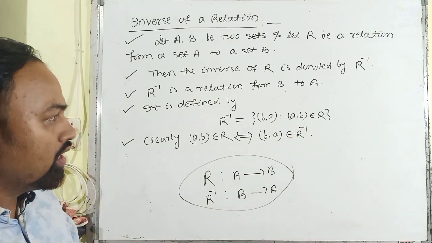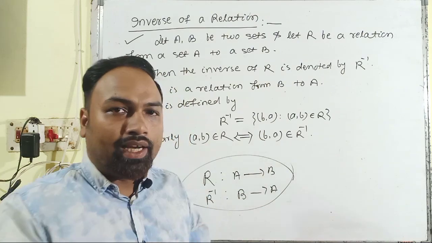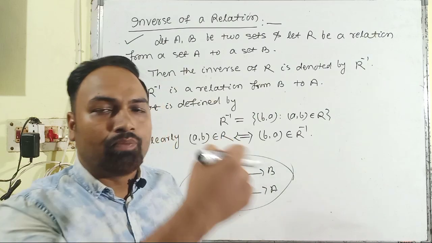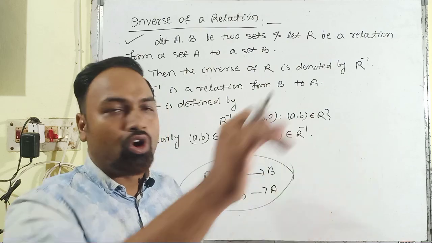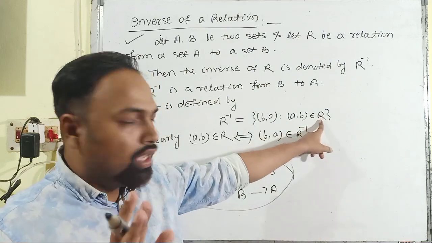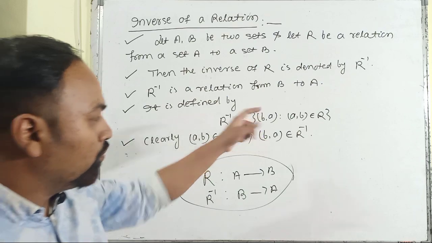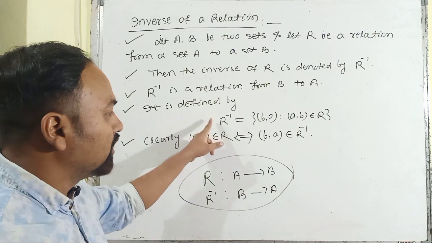That means we have to find the reverse of all ordered pairs. We put the second component in place of the first component and the first component in place of the second component, and repeat this step for all ordered pairs present in the relation set. Then we construct a set using those new ordered pairs, and that set is called the inverse relation.